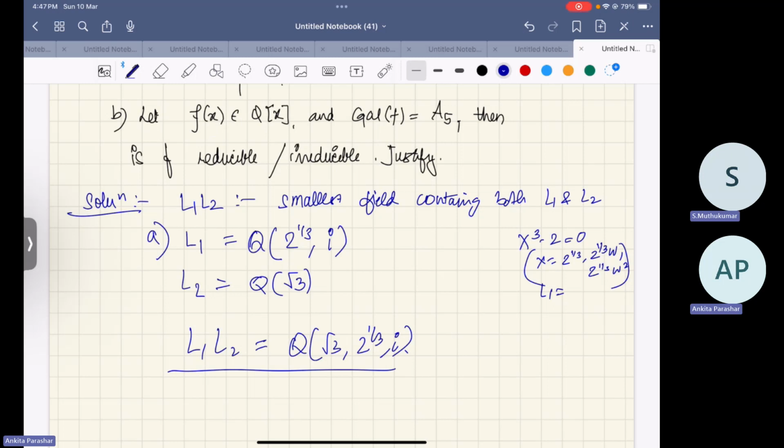A5 is not solvable, of course, that's correct. So the Galois group of f is not solvable. Okay, that's okay.